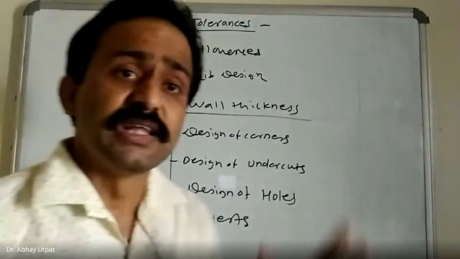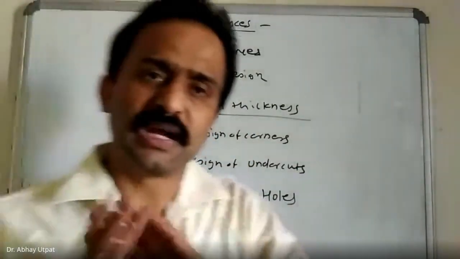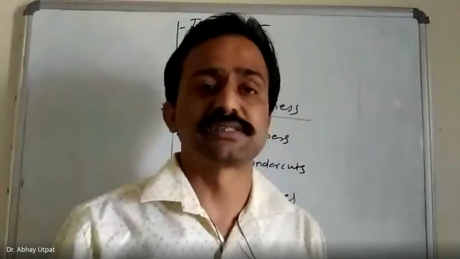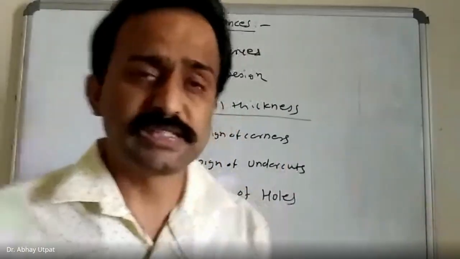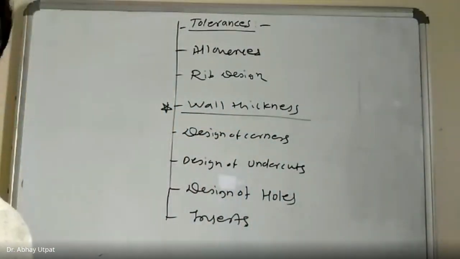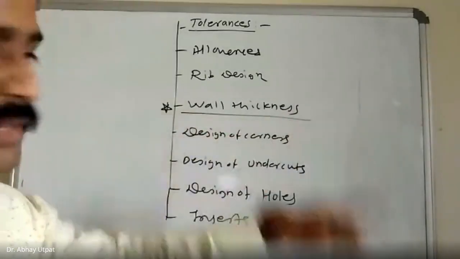That's why thicker parts of plastic are 99% avoided. Wherever there is no option, the design is changed. So plastic molding is always preferable for thin walls. Remember this point. That's why wall thickness is an important point.